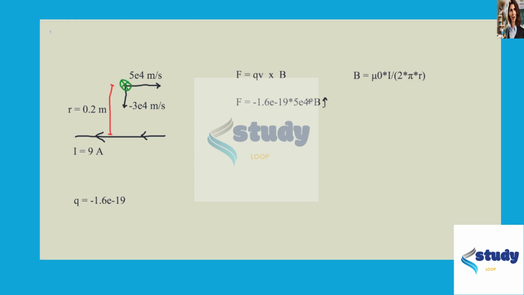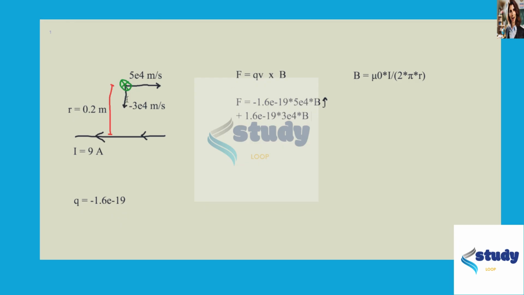Now let's take a look at the component from the other part of the velocity, this minus 3. It's going to be the same thing, except now we have 3 and another minus sign. That minus sign is going to cancel out with this minus sign out here, so we're going to end up with a positive term overall. And now we just have to figure out the direction.